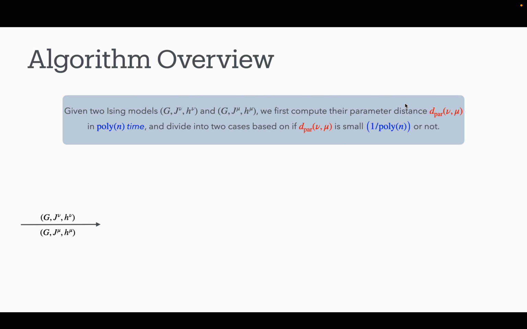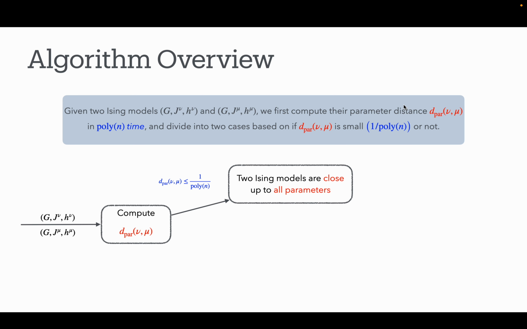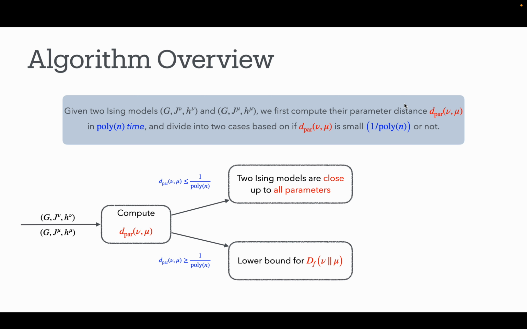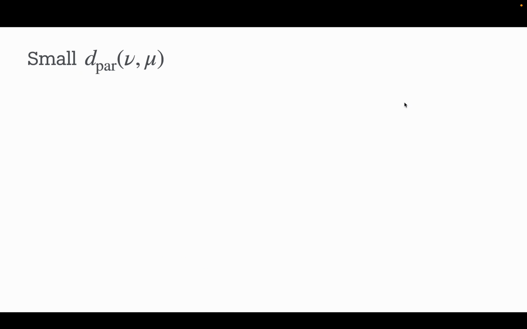So first we input two Ising models and compute their parameter distance. If the parameter distance is small, then it implies the two Ising models are close up to all parameters. Otherwise, we give a lower bound for the f-divergence.